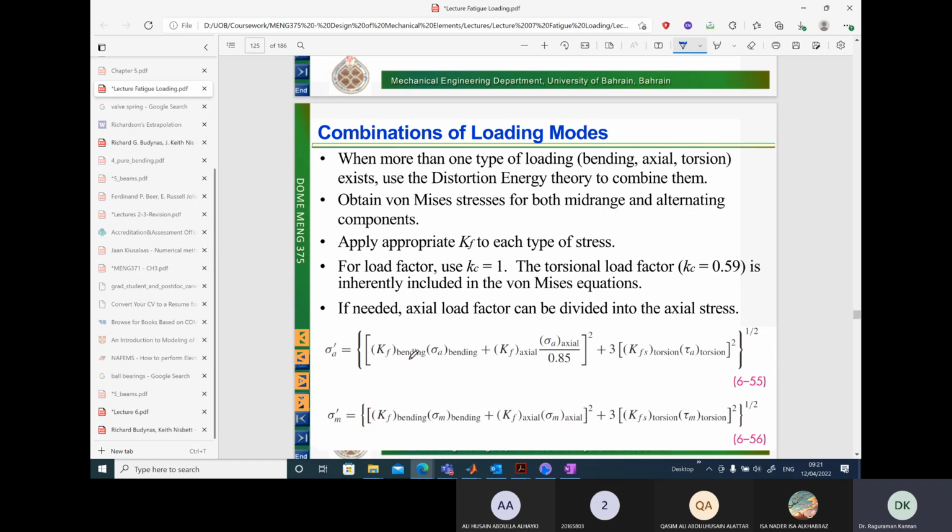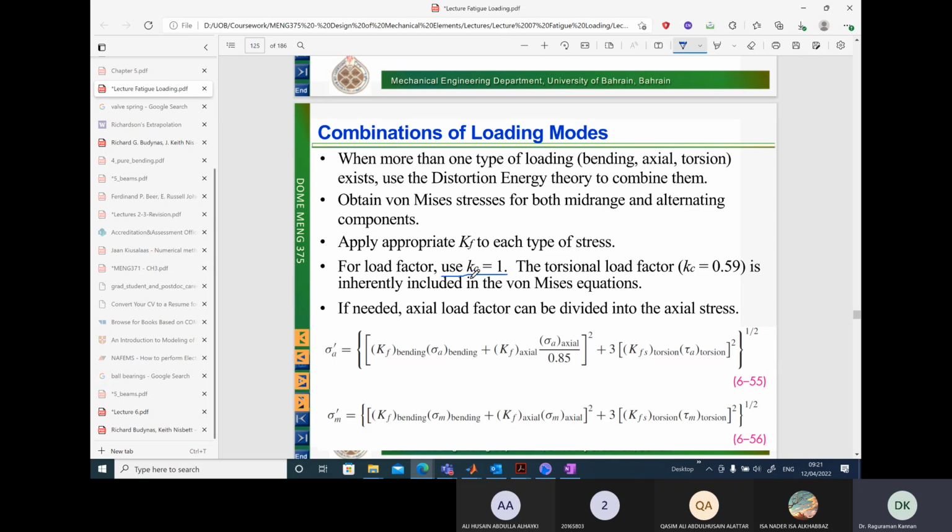So how do we calculate them? So this is the formula to be used. And what is the load factor we have to use? The Marin factor. Okay. So you know there are 6 different Marin factors: Ka, Kb, Kc, etc. Specifically, the load factor should be used always Kc equal to 1 for the combined load.